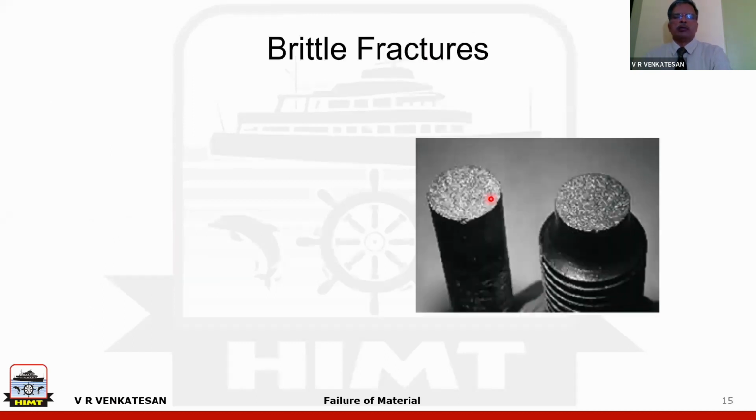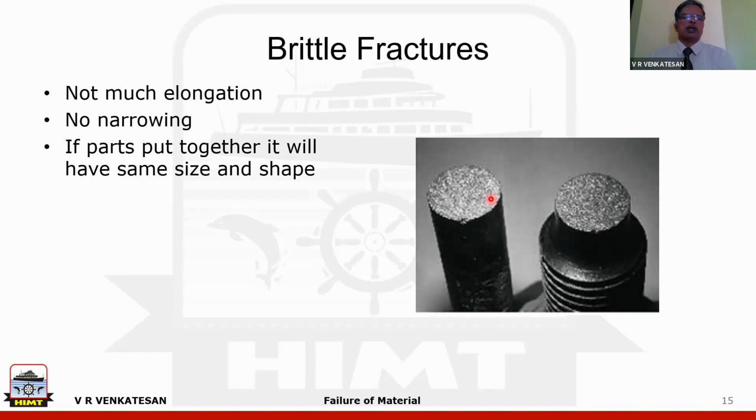If they are brittle fractures, then they look very different, because in the brittle fracture there will be hardly any elongation. If you are thinking of tension, there is hardly any elongation. There will be no narrowing down or necking. And if you put the parts together, it will have the same shape and will also have the same size, because there will be no plastic deformation. So even after the fracture, if the parts are put together, their size and shape will be the same.